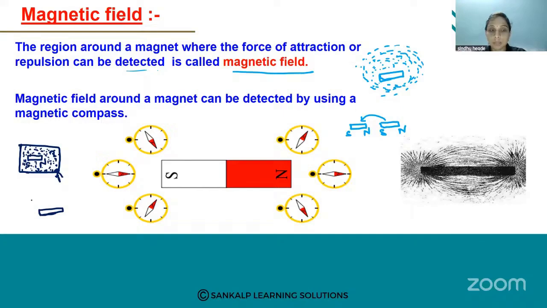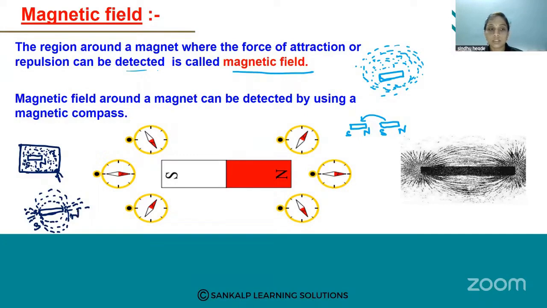You just place the finely powdered iron randomly, and after some time they all are arranged in some pattern. In some particular regions they come and arrange like this, on the outer side of the magnet and at the poles also.